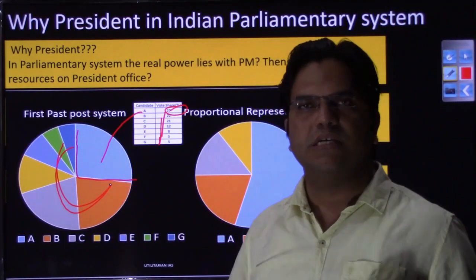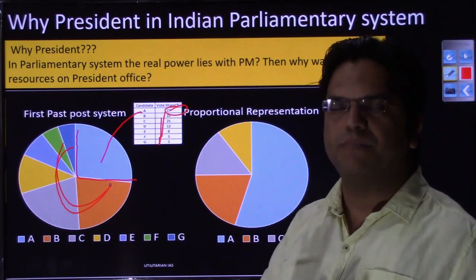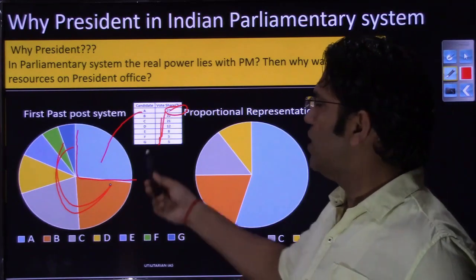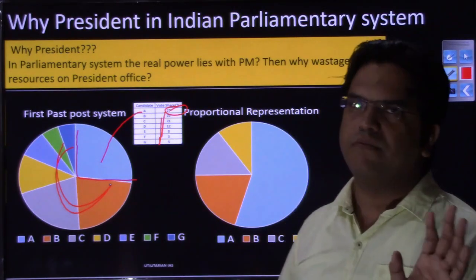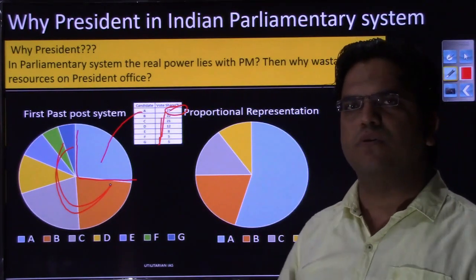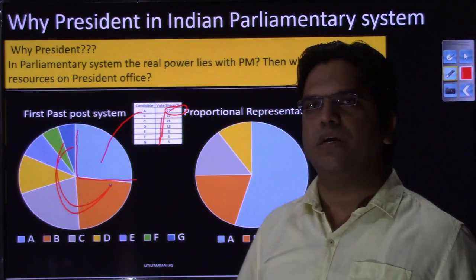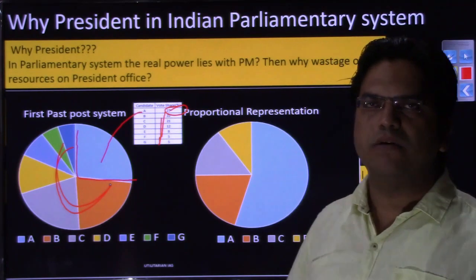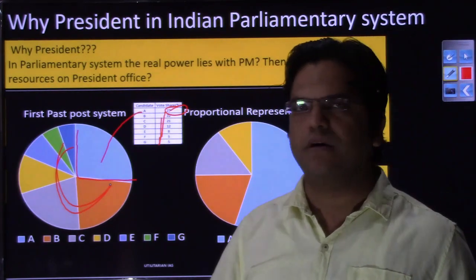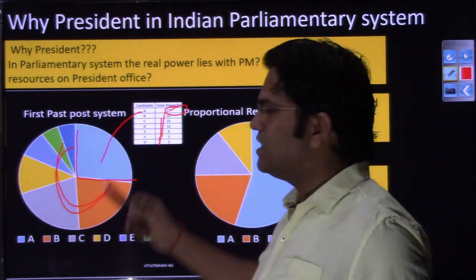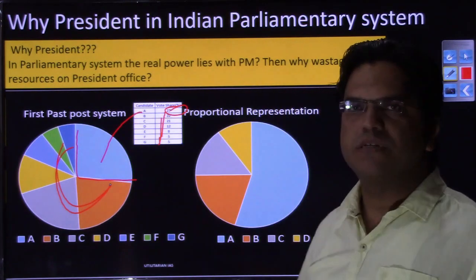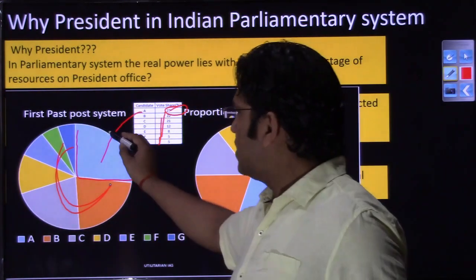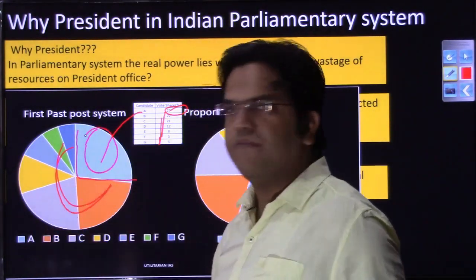In the state assembly as well, we follow the first past the post system. So he could get into parliament, and if he belongs to the party which has a majority, he can become a cabinet minister, and he can become Prime Minister as well. If he has secured only 27% of the vote, that means his core constituency lies somewhere here.